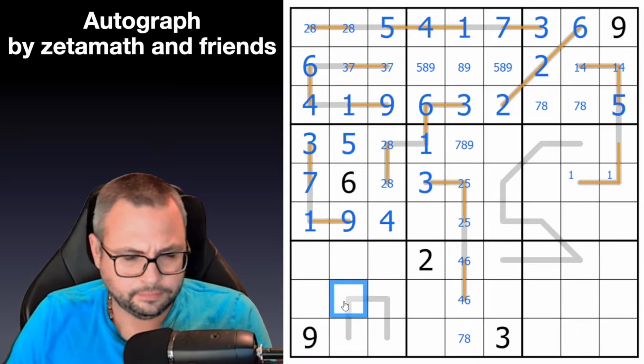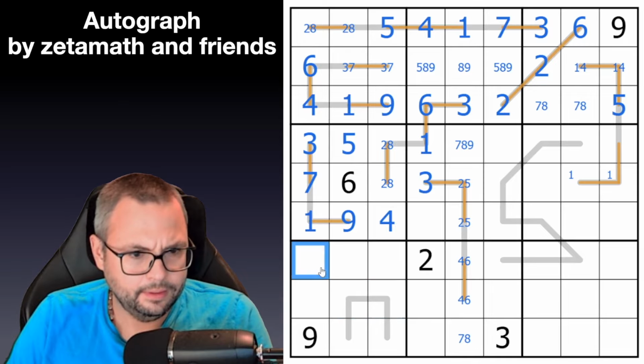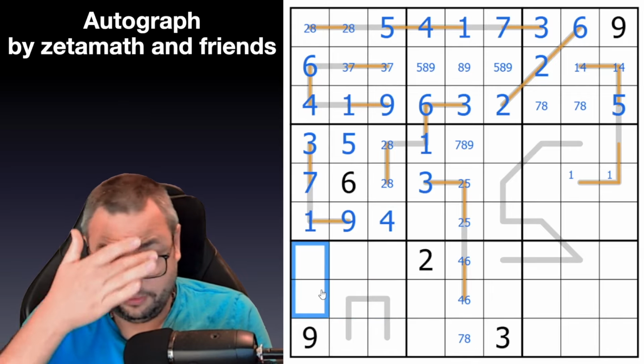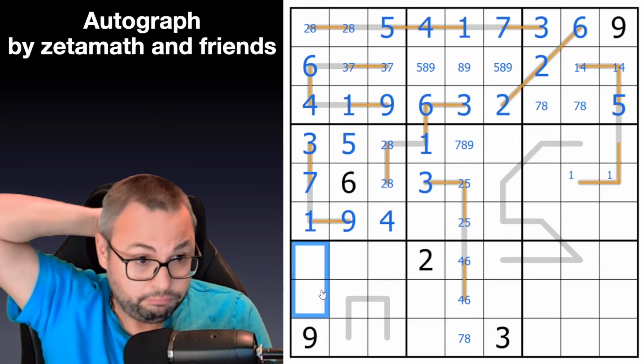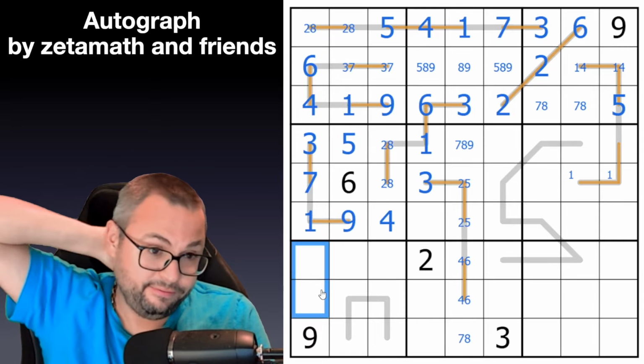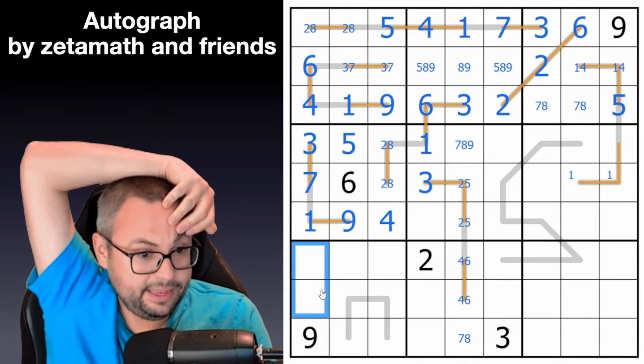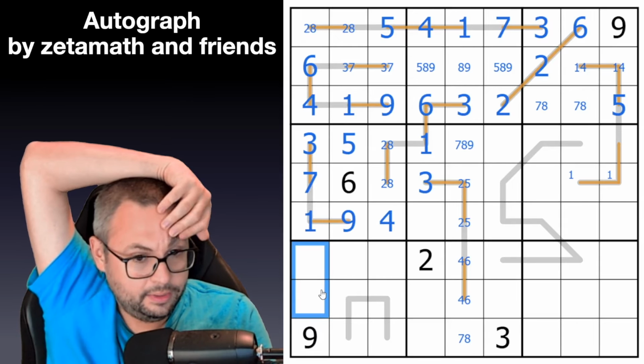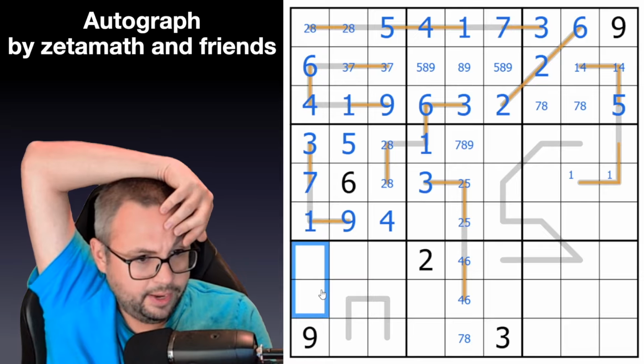Let's see. One of these is a 2, 8, and the other is a 5. So these are from 2, 5, 8. That somehow doesn't excite me. Maybe I'm just hard to please. Let's see.